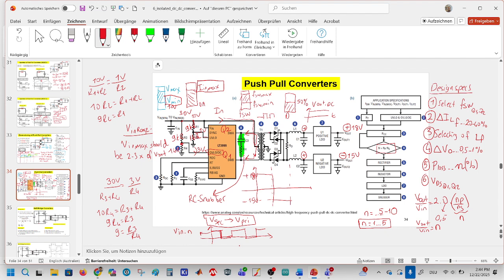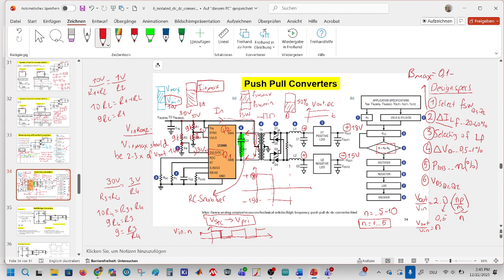And the inductor is also defined with this, ripple current, and, let's say, the maximum magnetic flux density.